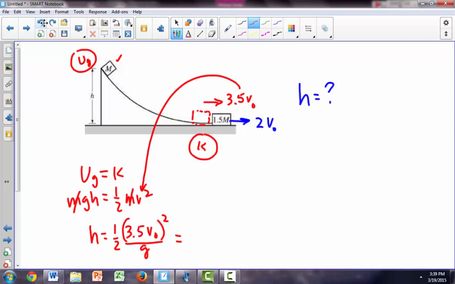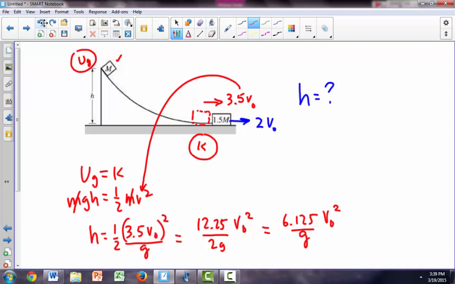If you put some numbers in this, it's always good to simplify. What I got when I simplified is 12.25 V0 squared over 2g, which is the same as 6.125 V0 squared over g.